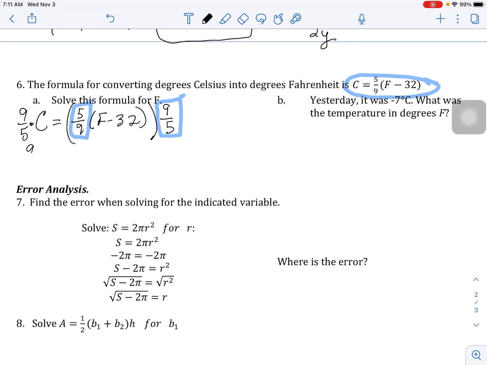On the other side, we're going to get 9 over 5 C equals, and then because these divide away, the parentheses may be dropped, and you're going to get F minus 32. Add 32 to both sides, and you get 9 over 5 capital C plus 32 equals capital F. Do not lose the case.